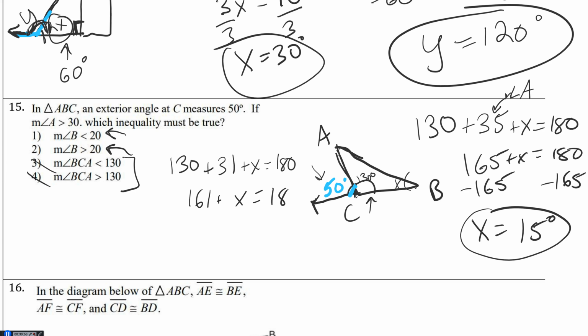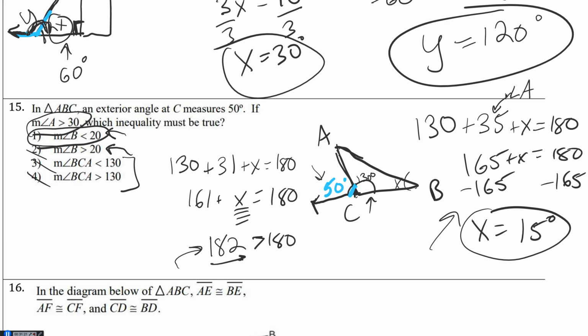The measure of angle B can't be more than 20. If it was 21, let's say, then the angle sum would be too high. So answer choice 2 doesn't make any sense. Based on this algebra that we did over here and over here, the measure of angle B has to be less than 20 because of this constraint placed on A.